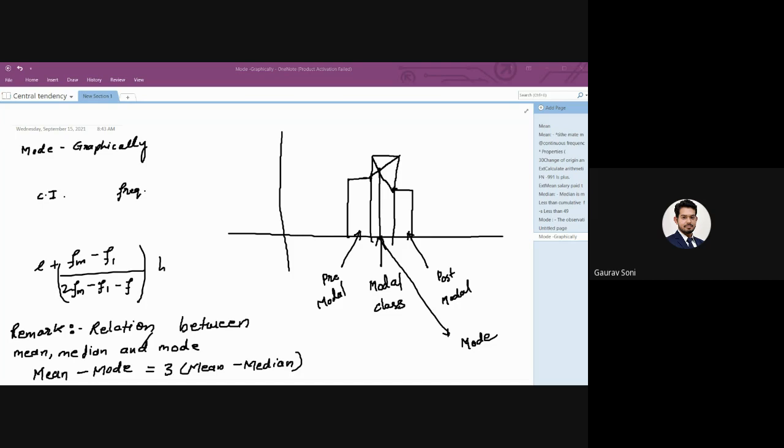And we have drawn a line from the lower limit of the post-modal class to the lower limit of the modal class. Whatever is the intersection, we take the perpendicular on the x-axis, and that point is nothing but the mode. And then I have written a relation between mean, median, and mode.